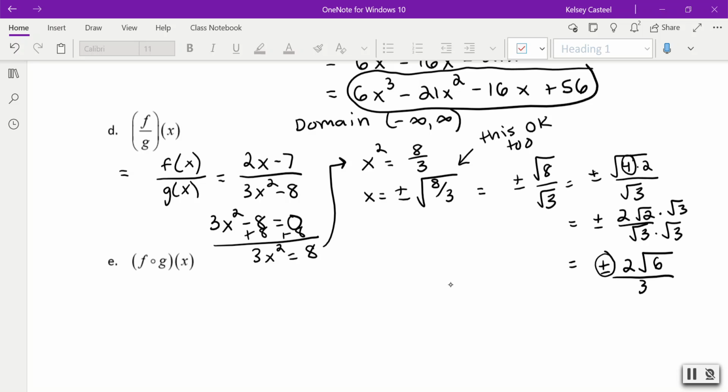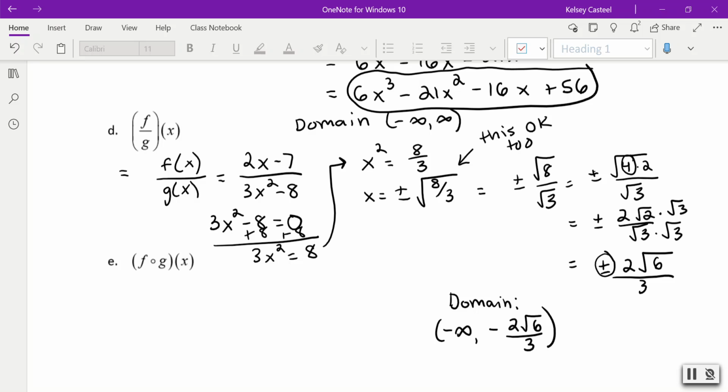So if we think about our domain, starting from negative infinity, the first one that we would run into is the negative. So we'd have negative 2 square root of 6 over 3. And that is going to have a curved parenthesis on it because I cannot plug that into my function. So I can get really, really close to it, but I can't use it.